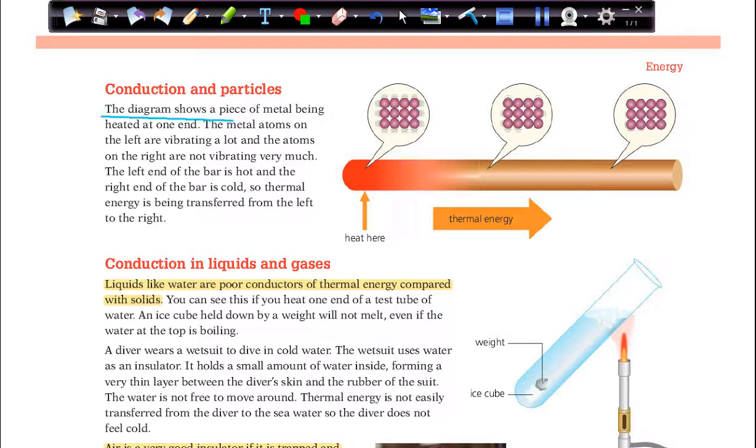The diagram shows a piece of metal being heated at one end. The metal atoms on the left are vibrating a lot, and the atoms on the right are not vibrating very much. The left end of the bar is hot and the right end of the bar is cold. So thermal energy is being transferred from the left to the right.